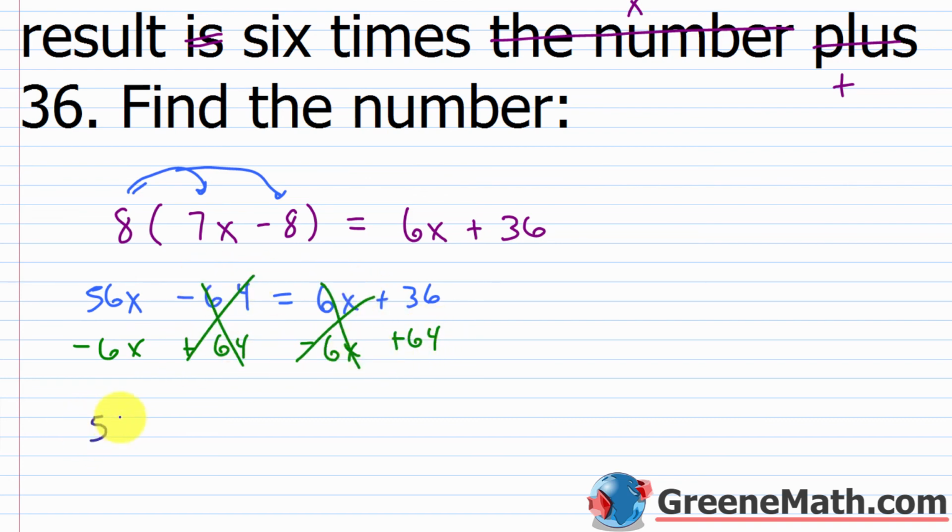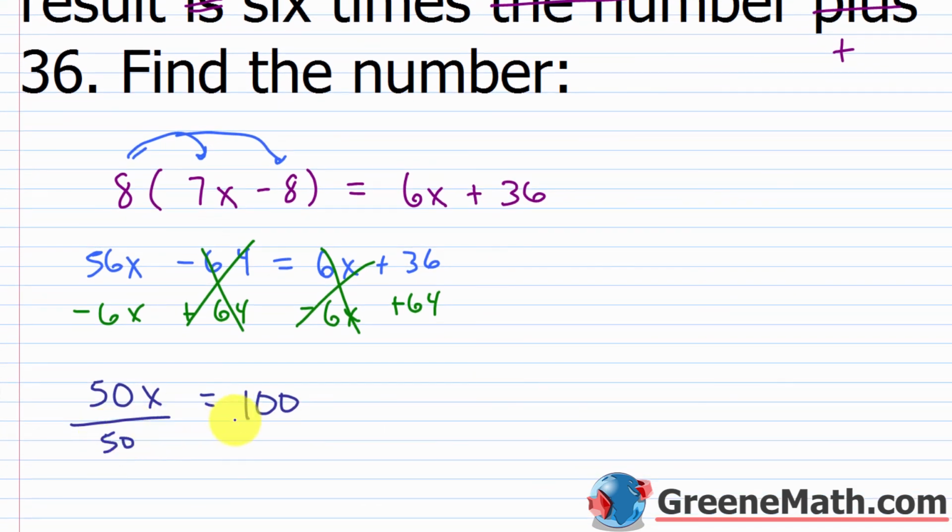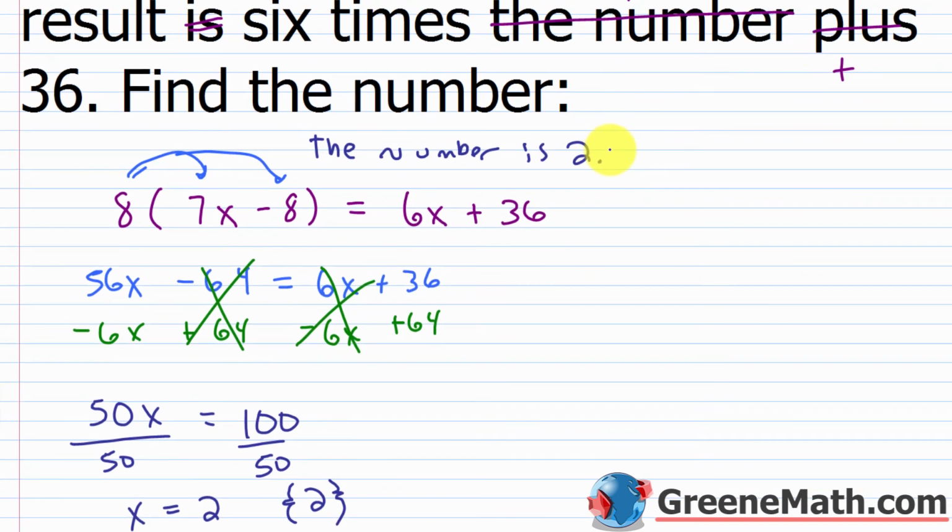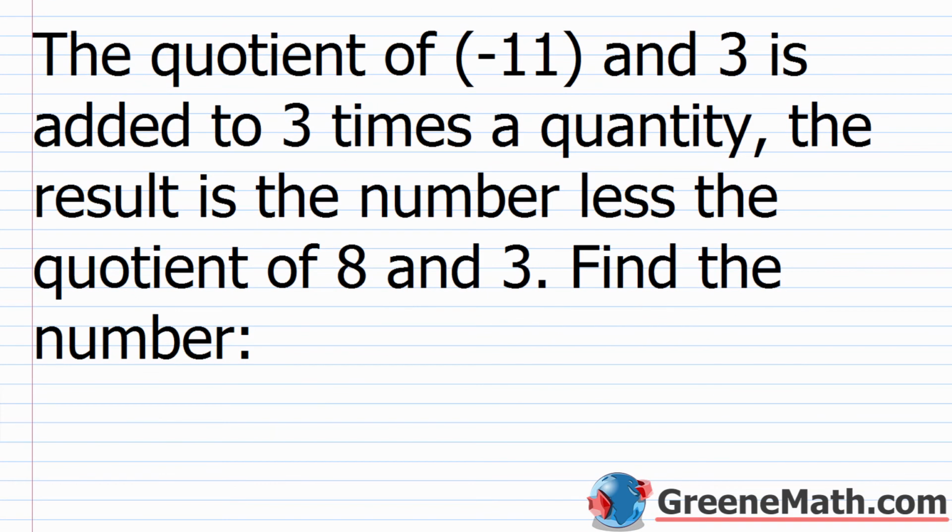So we'll have 50x is equal to 36 plus 64 is going to give us 100. We divide both sides of the equation by 50, and we get x is equal to 2. So when we answer this, find the number. Again, we could just say the number is 2.